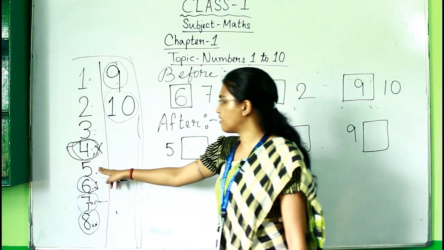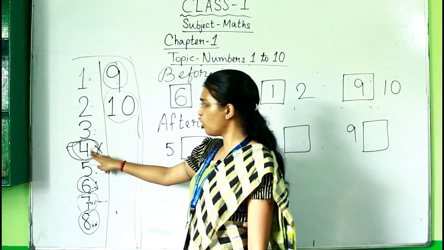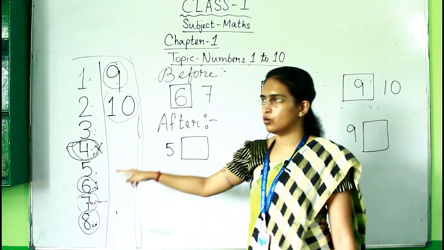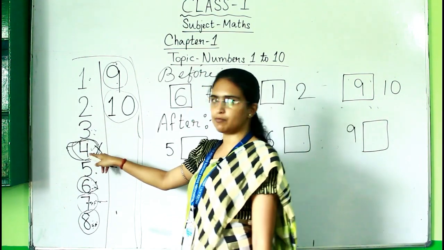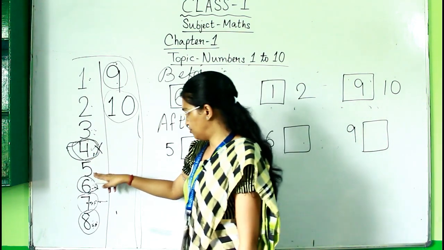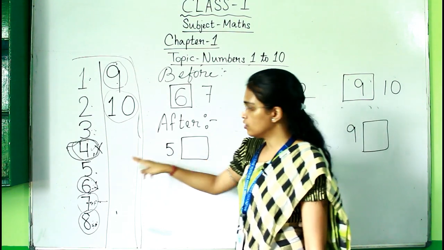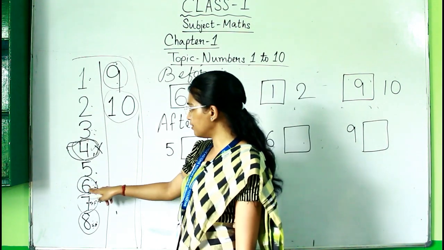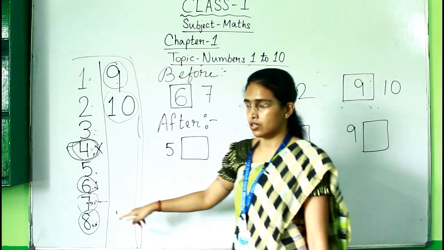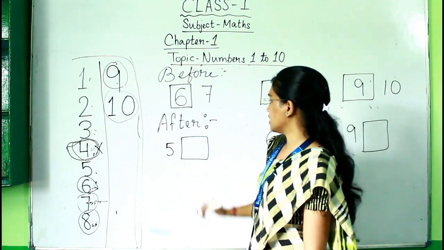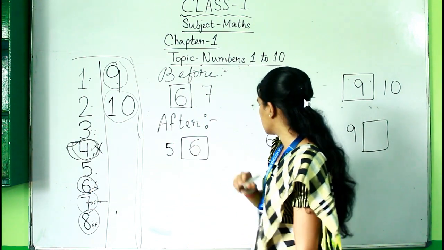So what comes after 5? 4? No. Why? Because this is the before number. We have to find the after number of 5. So what comes after 5? 6. So write here 6.